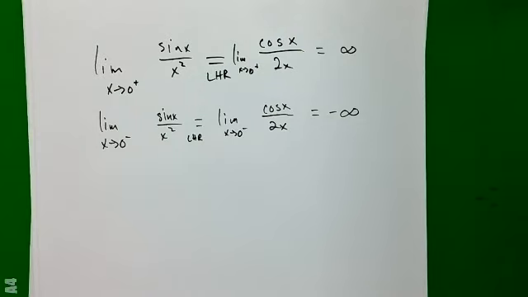Sometimes we can write something in a nicer way. So L'Hopital's rule applies to 0 over 0 calculations. We can also use it for infinity over infinity indeterminate forms. We just have to be careful.